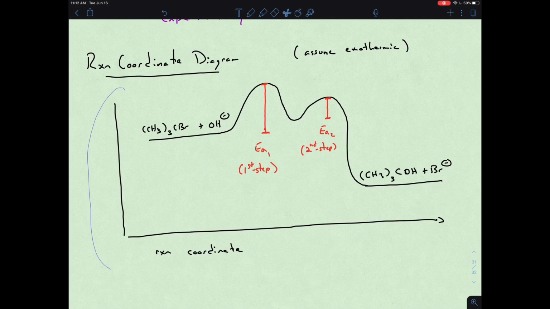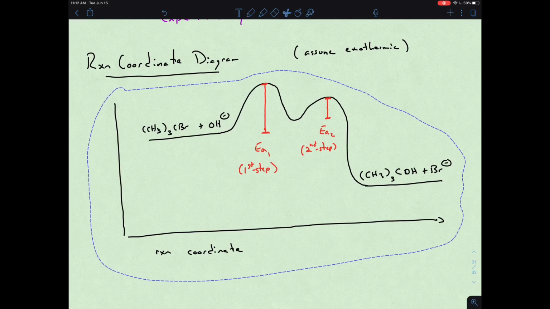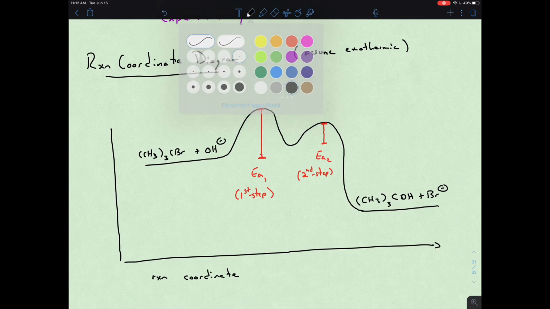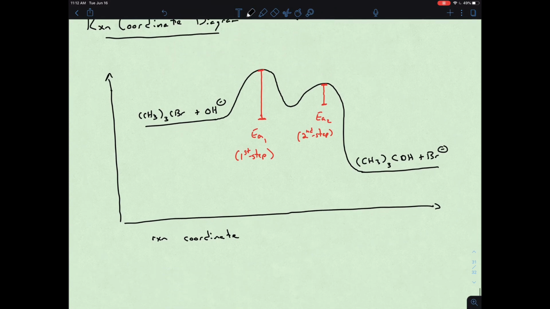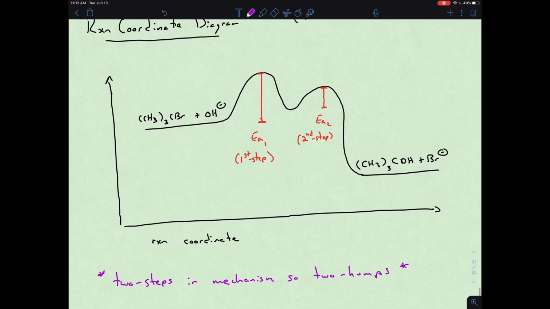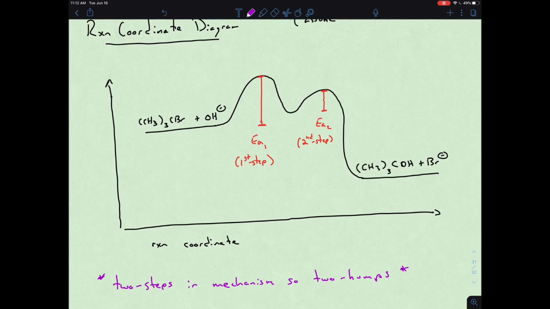We have 2 steps, so that's why we have 2 humps. So that's why we have activation energy 1, activation energy 2.